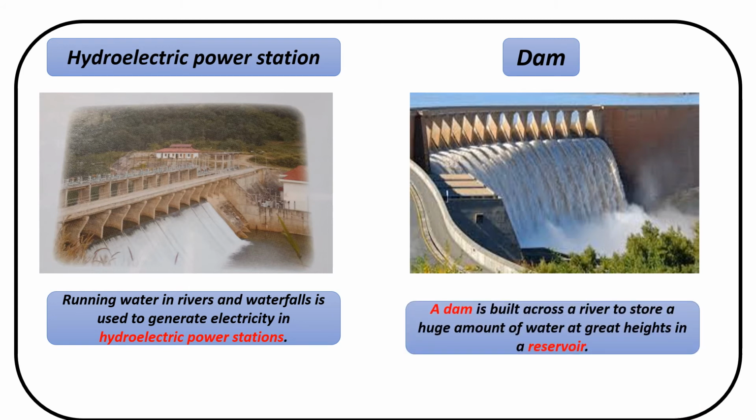A dam is built across the river to store a huge amount of water at great heights in a reservoir. For hydroelectricity to be generated, it needs a lot of water. So that's why it is first collected from the rivers to the dam.